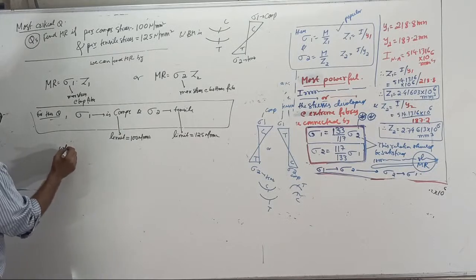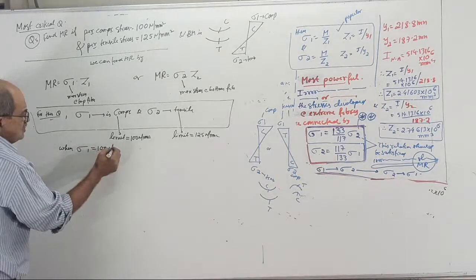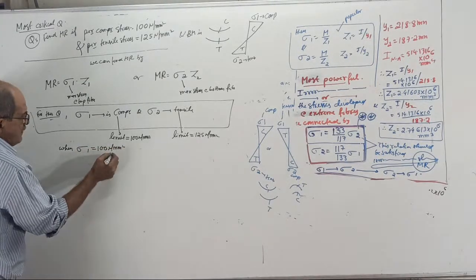When sigma 1, that is compression, becomes 100 Newton per mm square, that is the stress at the top fiber reaching 100. Why 100? Because 100 is the limit given in the data.